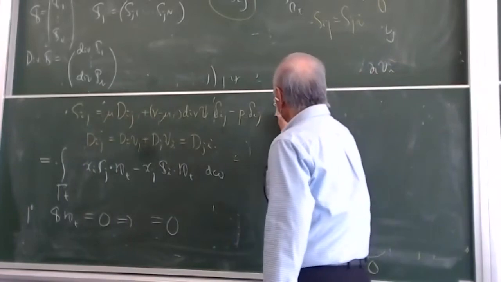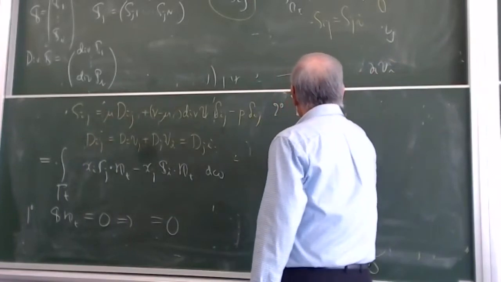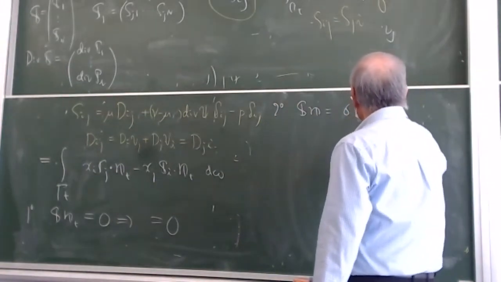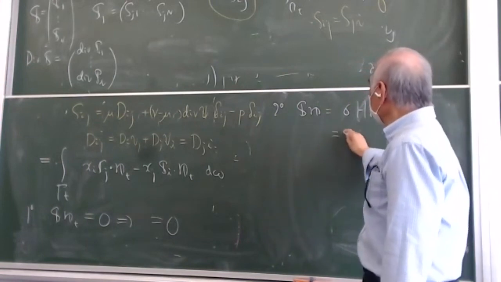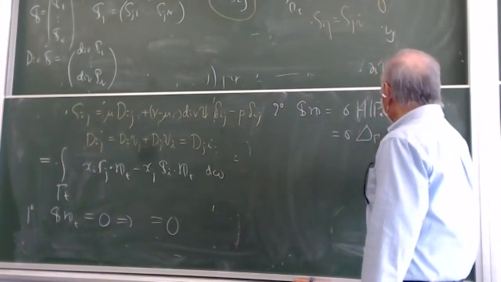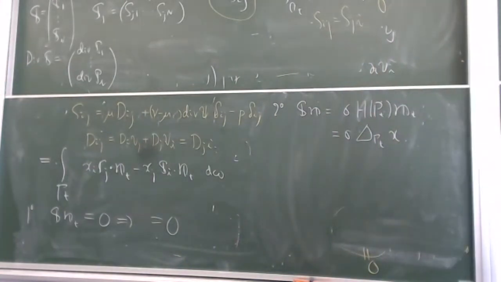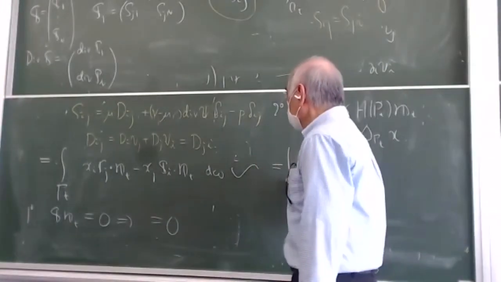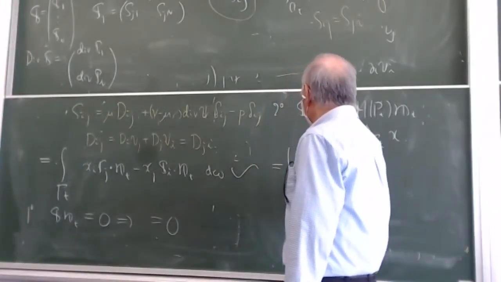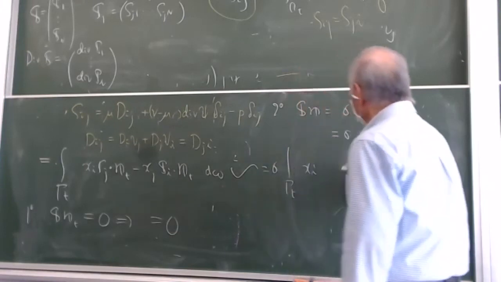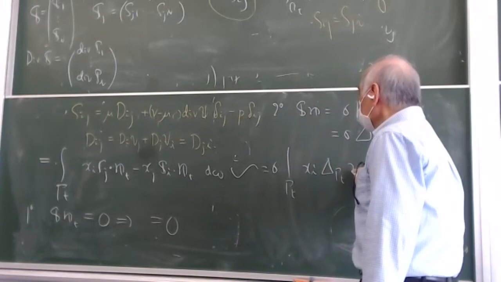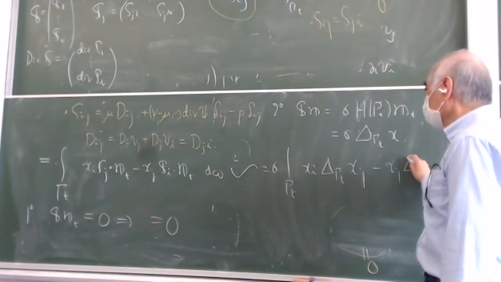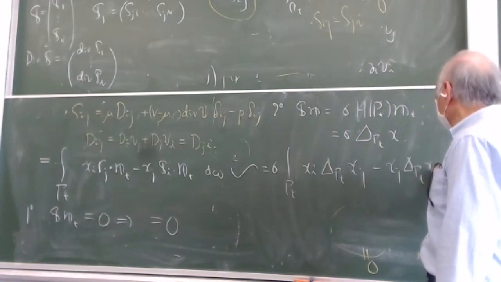And second is sigma, this: x_j times gamma_t minus x_j gamma_t x_i.